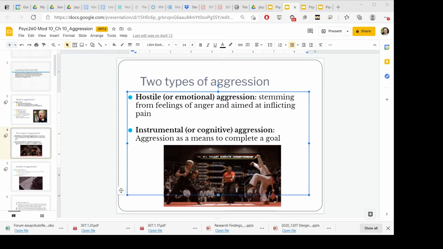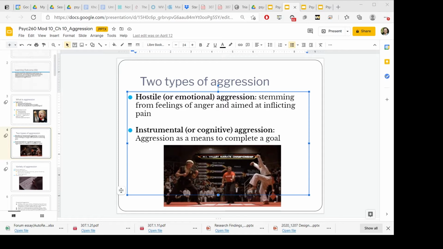Opposite to hostile aggression is instrumental or cognitive aggression. For this type of aggression, the aggressor uses aggression or violence to achieve some goal other than inflicting pain on the other person. An example: if you beat someone up because they did something that upset or angered you, that would be hostile aggression.